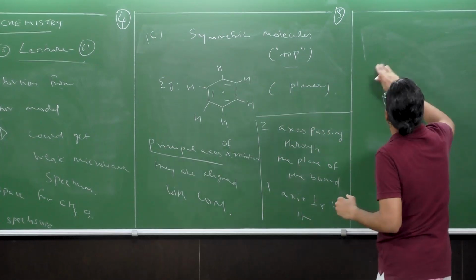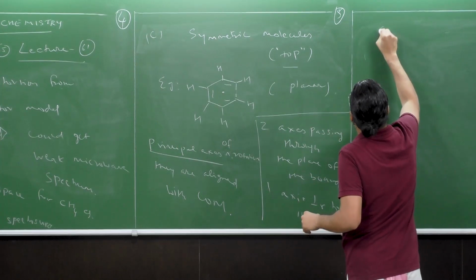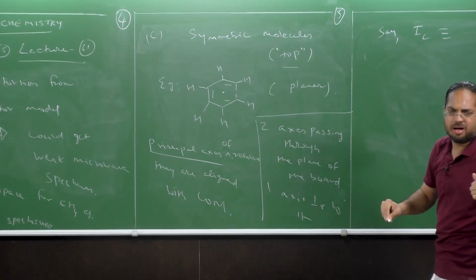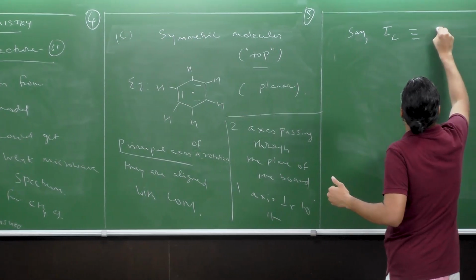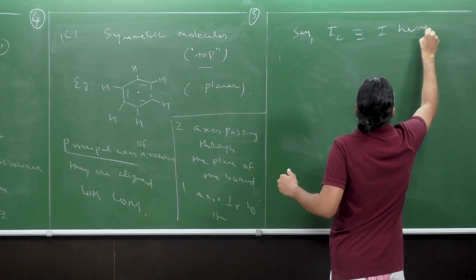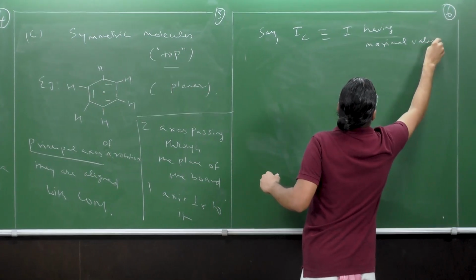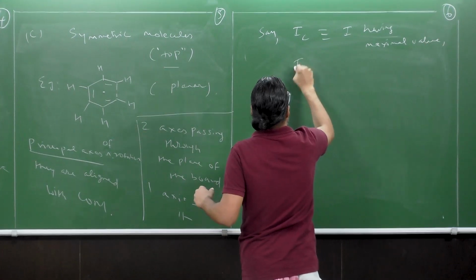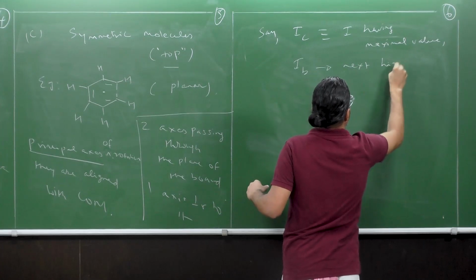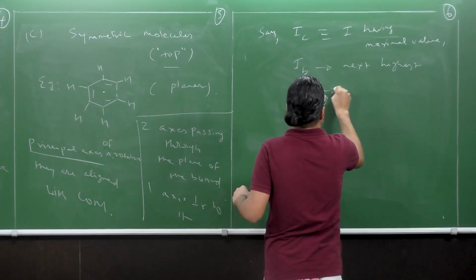Let me say that by convention, IC is going to be the moment of inertia having the maximal value, and then IB, the next highest, and IA, the least.